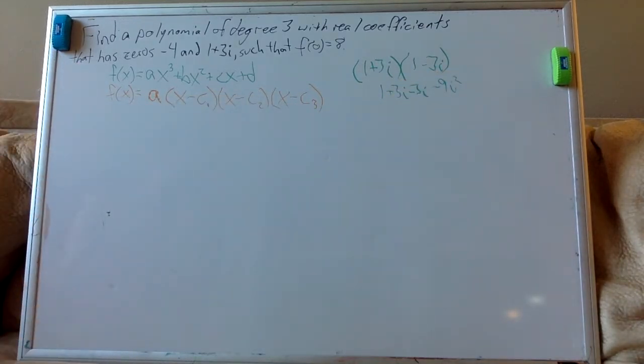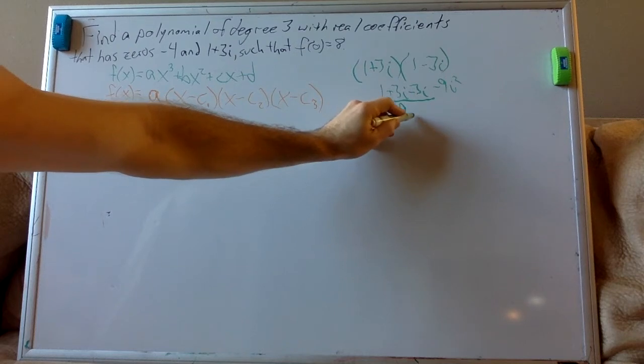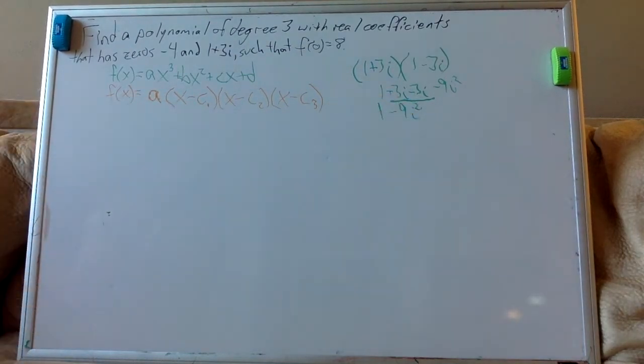Now, for some reason, a lot of students decided to put negative 3i squared there, but you have 3i times negative 3i, so you're going to get negative 9i squared. And so we can see that these two cancel. So we have 1 minus that, and you might think, well, we still have an imaginary part.